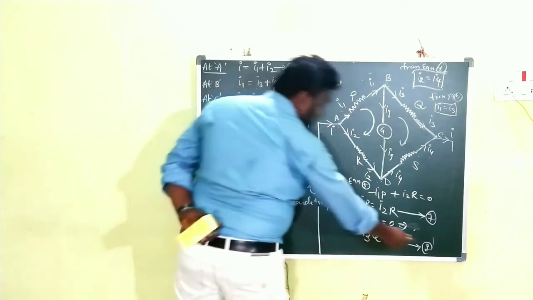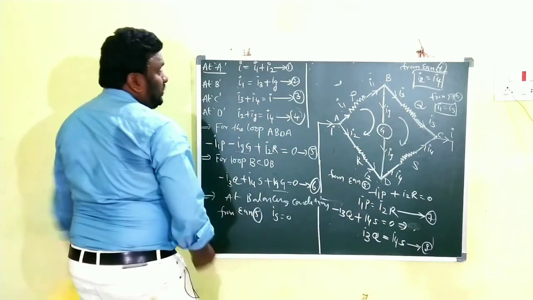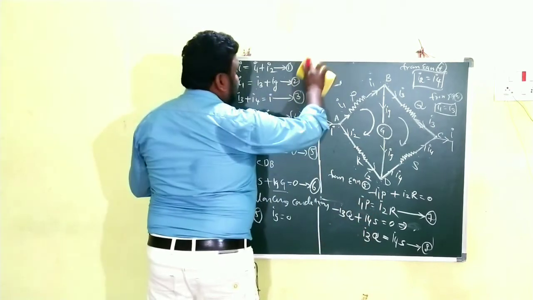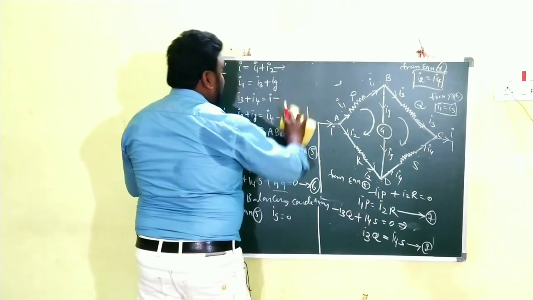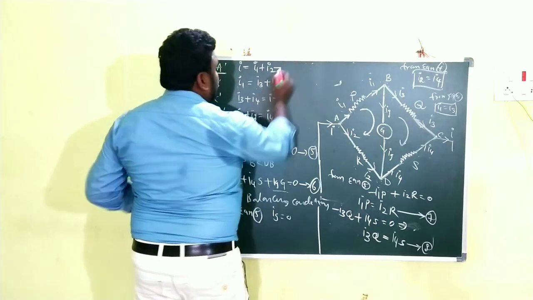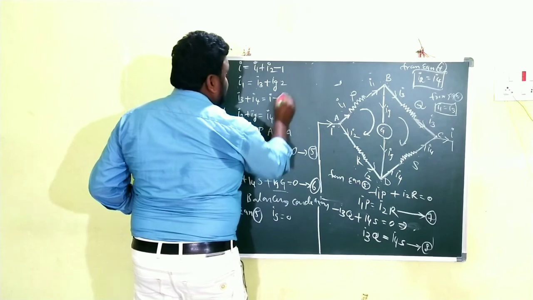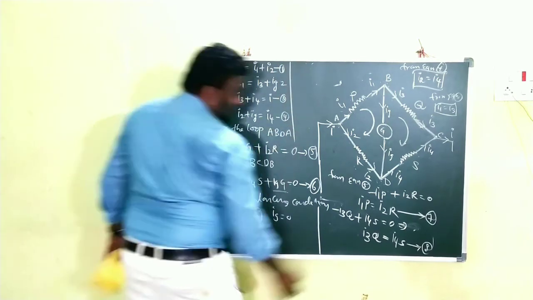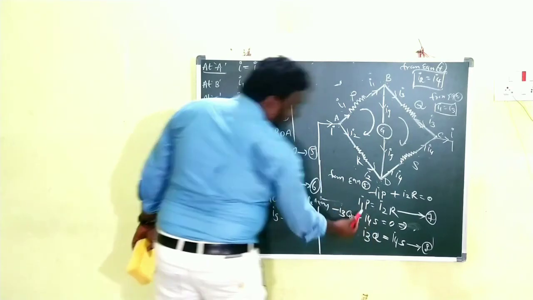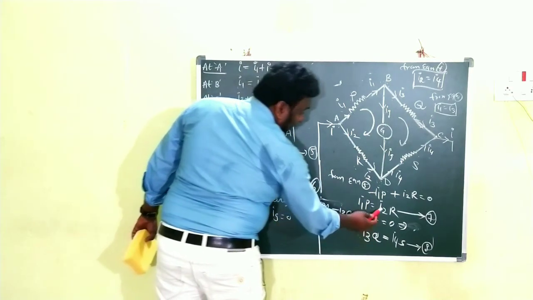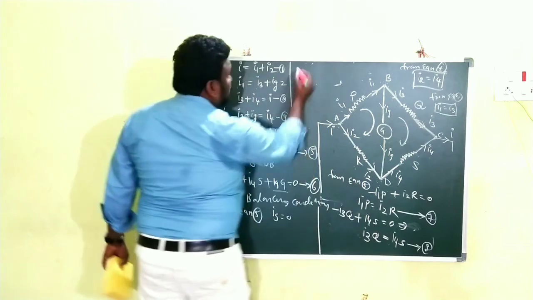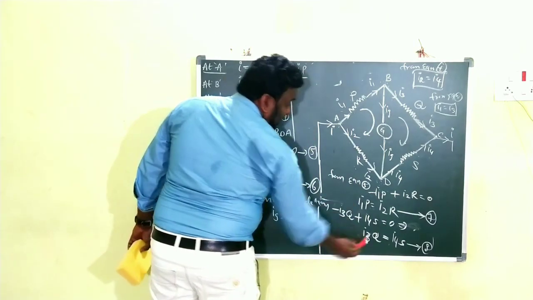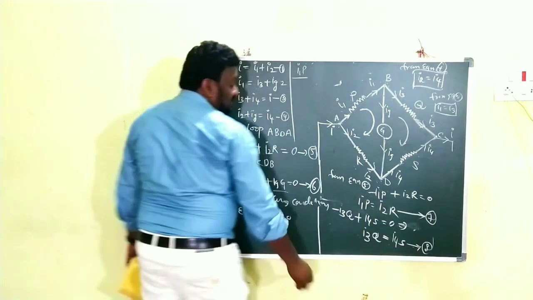So children, now here we have to divide equation number 7 by 8. We have to divide these two equations: I1P by I3Q and I2R by I4S. What is equation number 7?